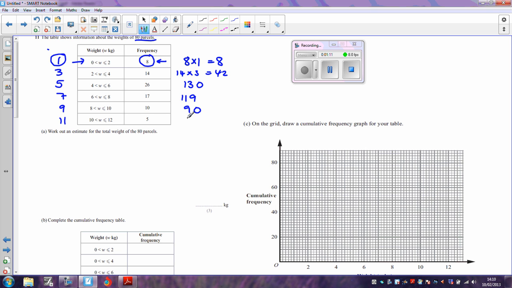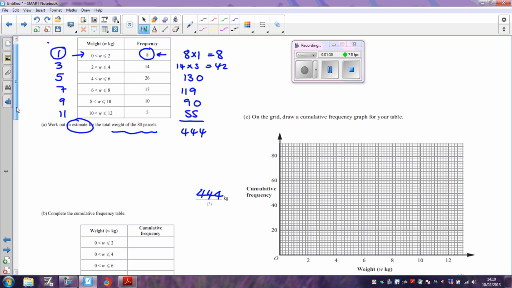And 5 times 11 is 55. And if we add those together, we get the grand total of 444. In other words, my estimate for the total weight of 80 parcels is about 444 kilograms.